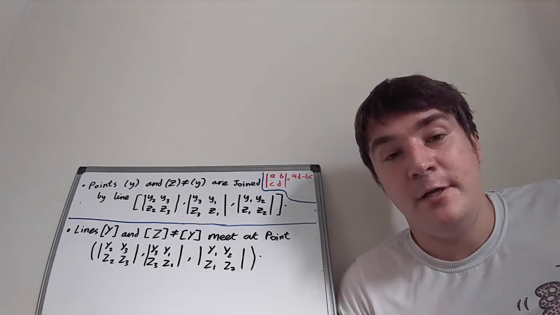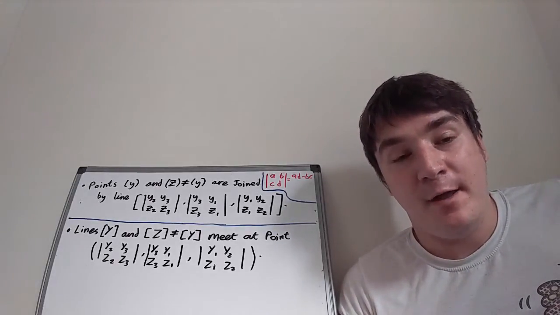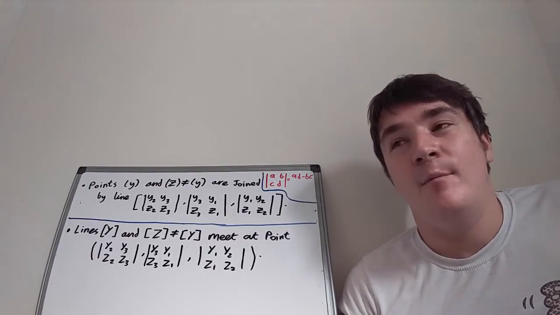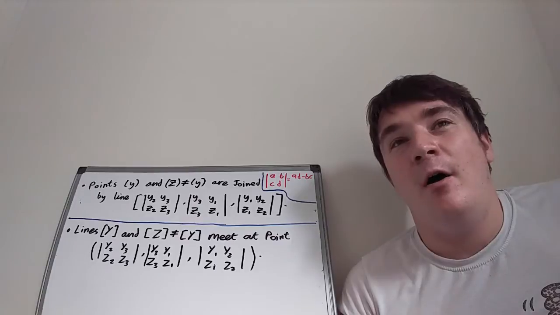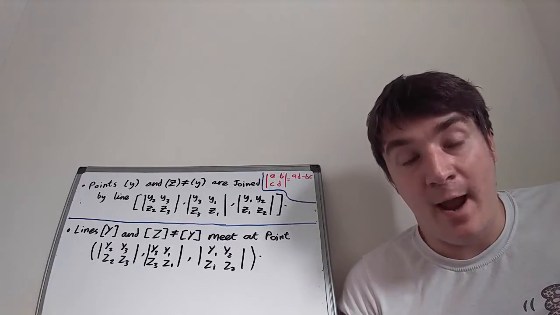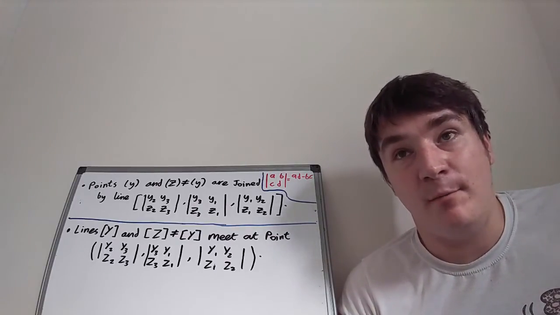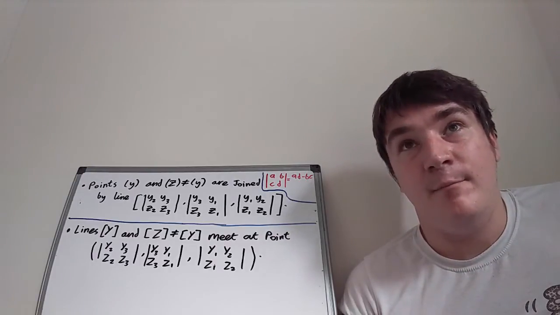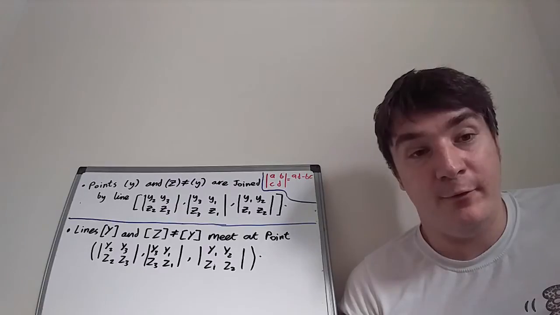Okay, so let's continue to develop our theory of homogeneous coordinates on the plane. This time we're going to focus mostly on showing that the standard axioms of projective geometry can be derived purely from thinking about homogeneous coordinates.